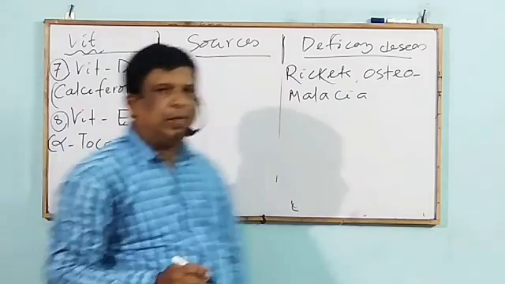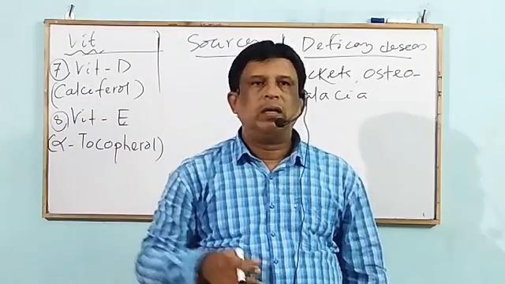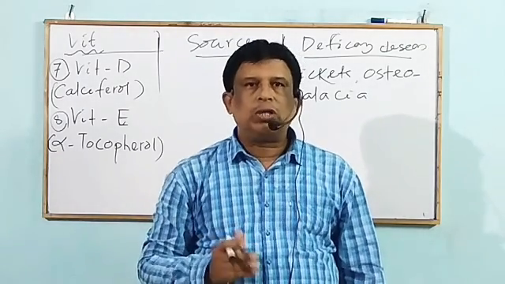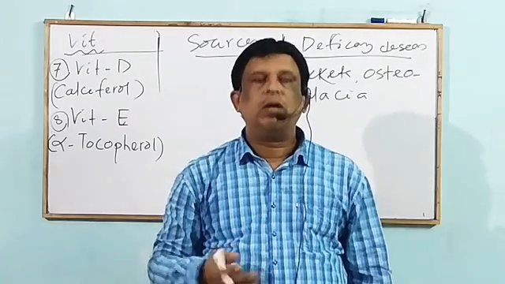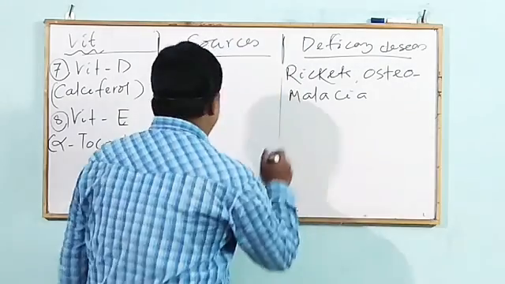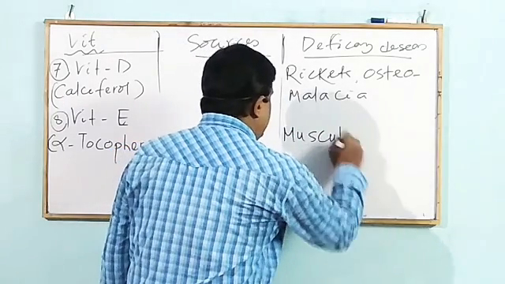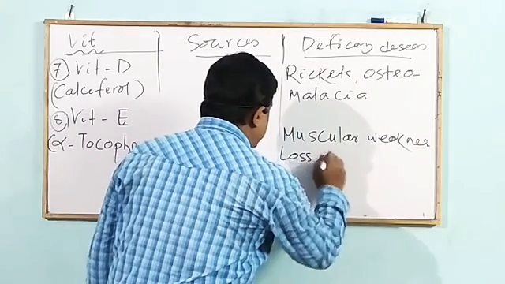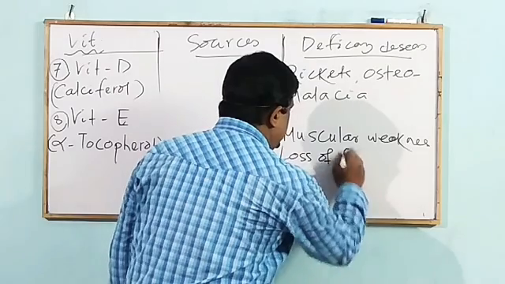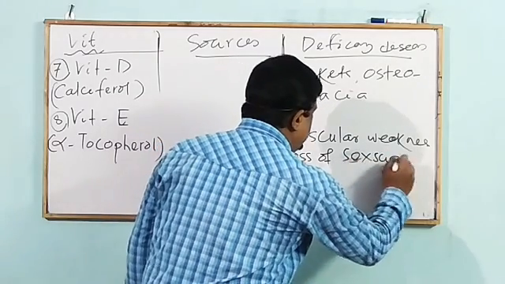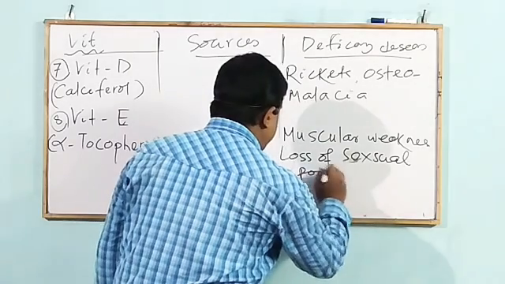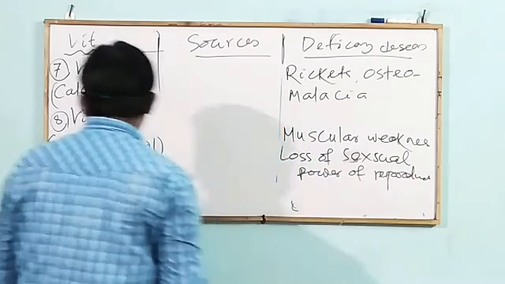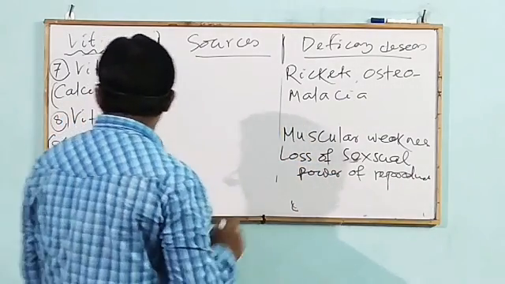The sources of vitamin E are vegetable oil, egg, milk, fish, and the deficiency diseases are loss of sexual power of reproduction and muscular weakness. That is vitamin E.